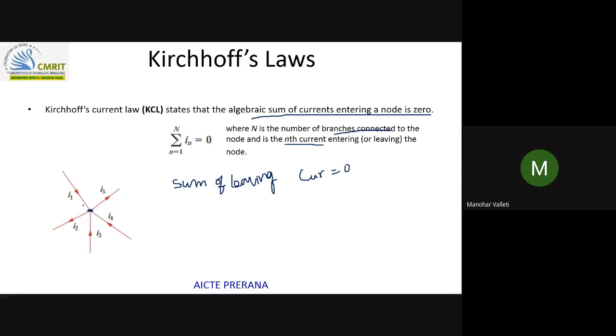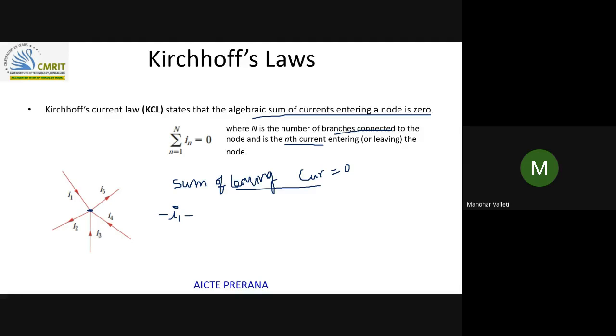So based on that, can you tell me the equation for this? You will write like this: sum of leaving currents. I1 is entering current, I2 is leaving current, I3 is entering current, I4 is entering current, I5 is leaving current. I am considering sum of leaving currents, but here I1 is the entering current, so I will write minus I1 for that.